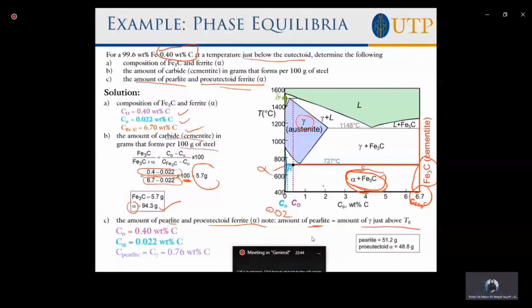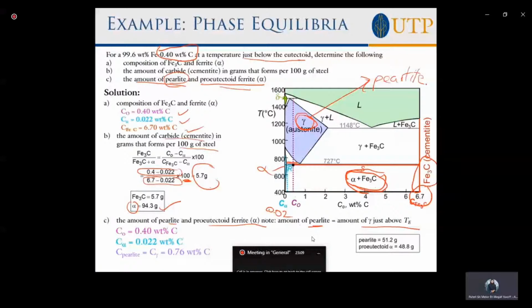So if you want to know the amount of pearlite, you go just above the eutectoid temperature and draw your tie line there. Then you need to find the amount of gamma. If you can find the amount of gamma, that is the amount of pearlite you are going to have, because only gamma will convert into pearlite.